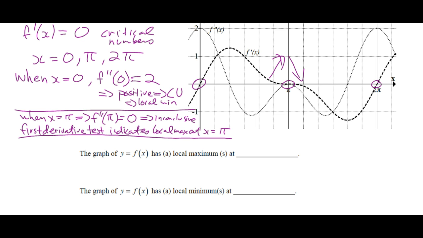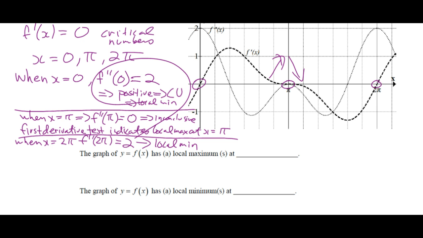Okay, and what else did we have? When x equals 2 pi, f double prime of 2 pi is equal to 2 again, which is positive, so that leads to a local min. The reasoning is exactly the same as before.